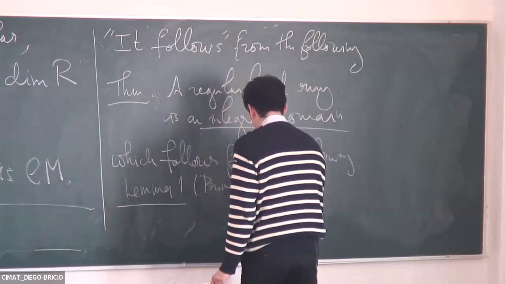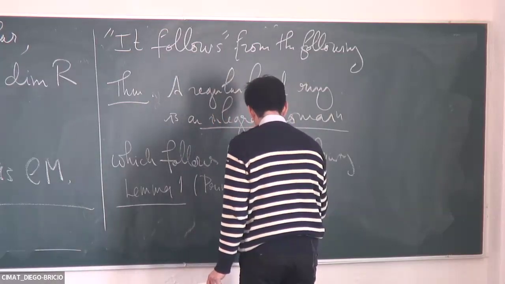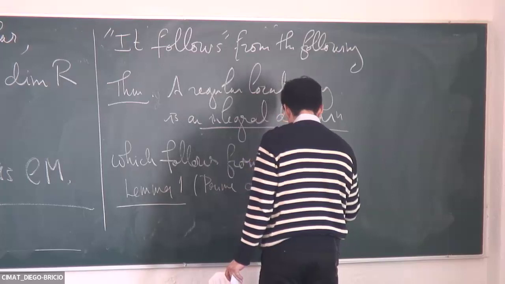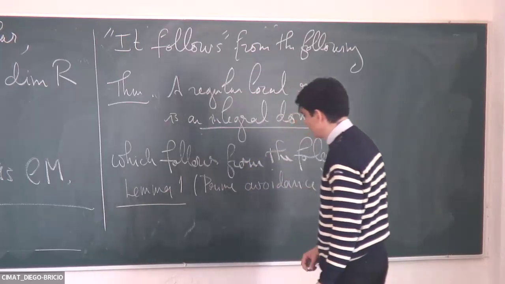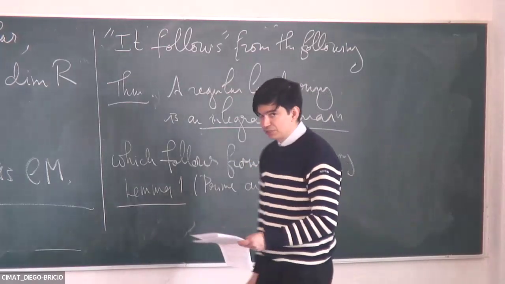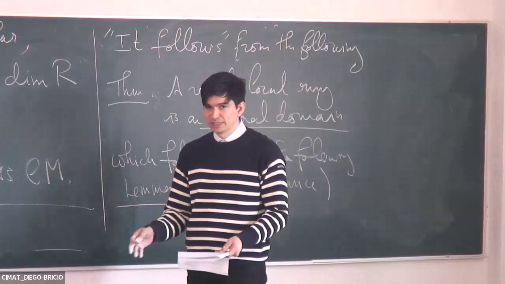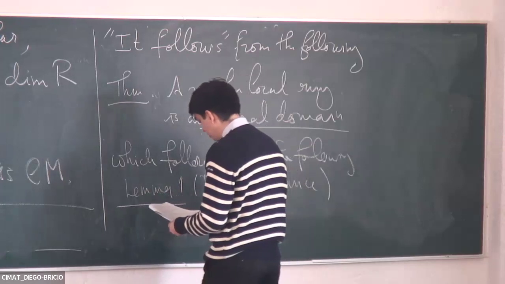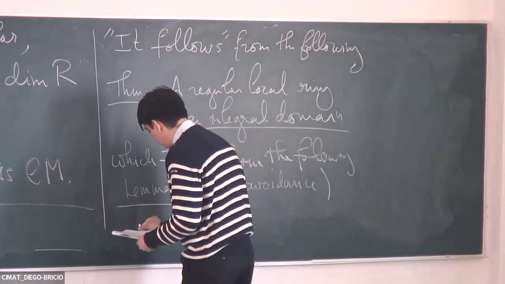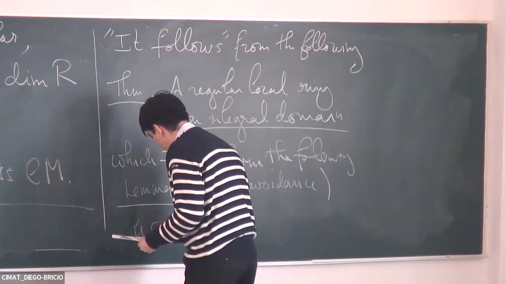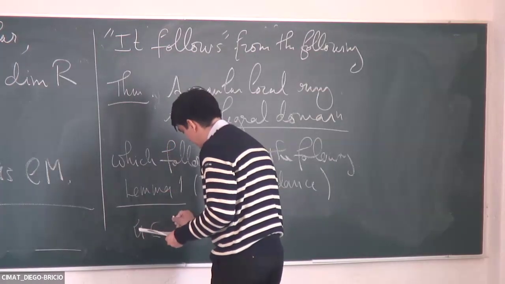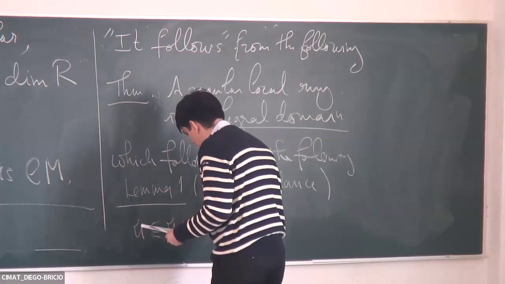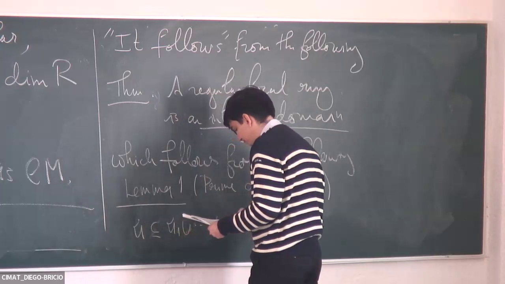This lemma is prime avoidance. And it is a general version that is not quite standard in commutative algebra textbooks, but it's the one we're going to be using all the time. So it says the following: suppose that you have an ideal that is contained in a finite union of ideals.